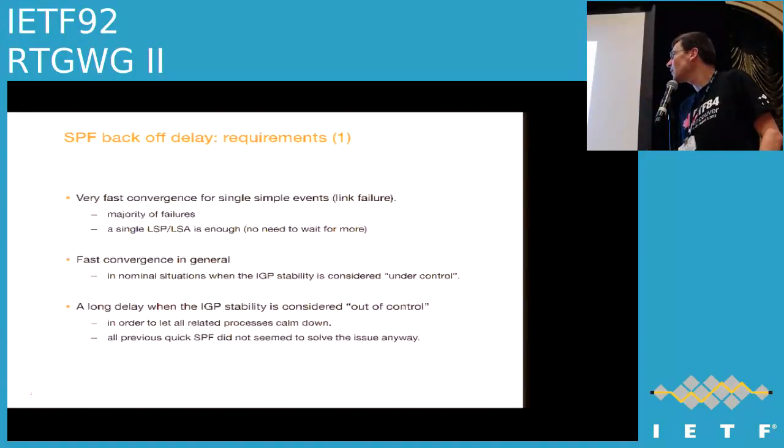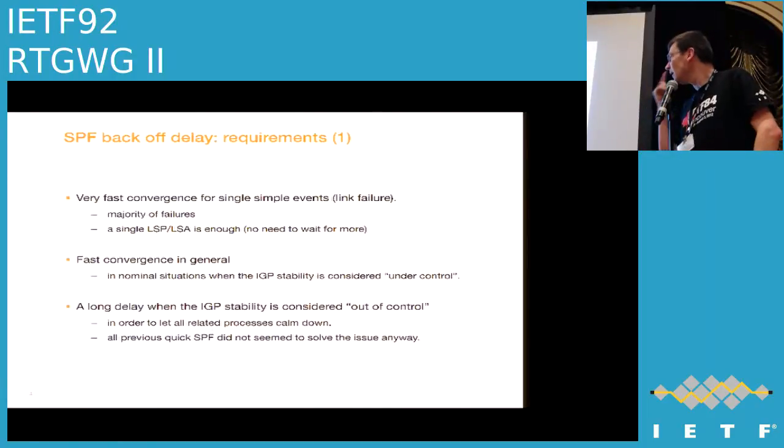And because with a single LSPDU, a single IGP message, you know about the failure and you can really adapt. So for that one, we want to be very fast. For the second type, we want to be fast in general, because we want fast convergence, for nominal cases.